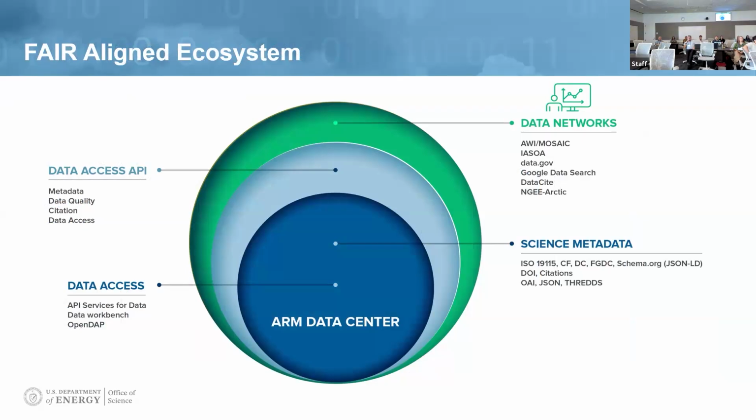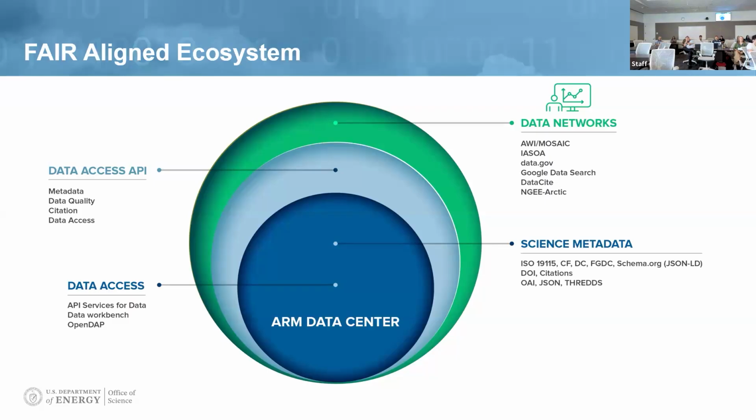And while it's doing this through different venues, through fixed sites, mobile facilities, aerial platforms, and whatnot, you do need a lot of platforms to make this data available. In this diagram, you can see we have a lot of data networks in terms of where the data goes. You have a lot of science metadata, so it's also interoperable, with different formats supported, including ISO, schema.org, FGDC, and whatnot.